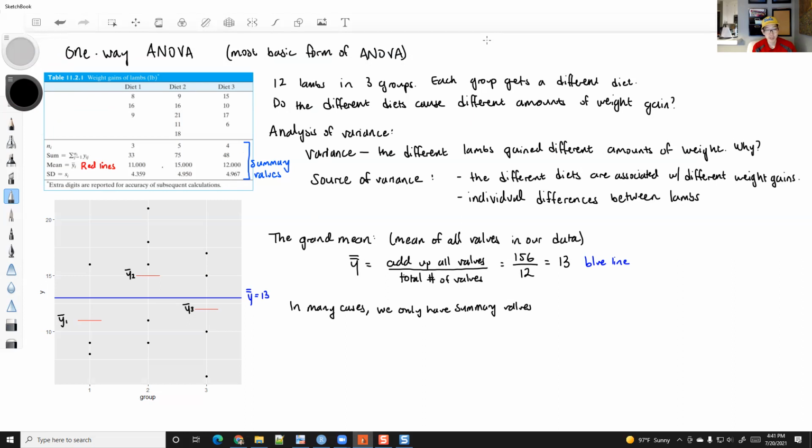You might only have an n, a sum, a mean, and a standard deviation, or maybe just the n, the mean, and the standard deviation. You can get the sum back by multiplying the n by the mean, right? So in many cases, you only have summary values, but you can still calculate the grand mean.